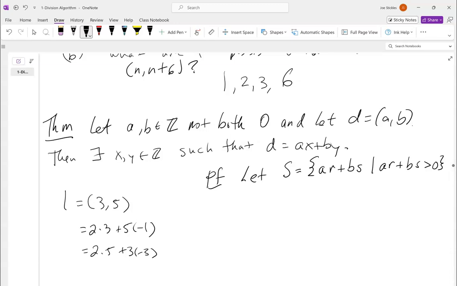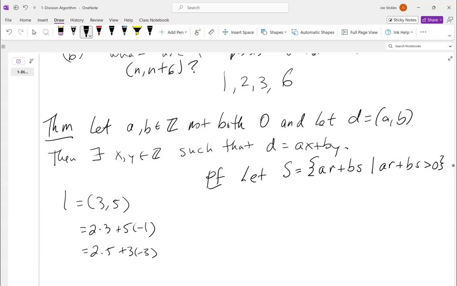Again, you need to make sure you have a non-empty set, right? Before you can apply the well-ordering principle, it has to be a non-empty subset of the positive integers. As long as they're not both 0, even if they're negative, you can make positive numbers pretty easily.